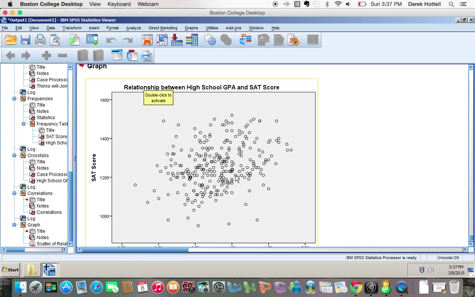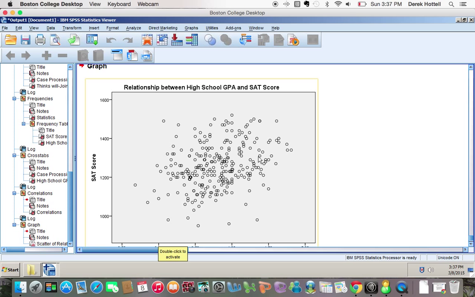The tighter the grouping, the stronger the correlation. And this looks like a relatively strong correlation. The other thing that you're looking for is the slope of that correlation. If it's a really sharp line like that, the stronger the correlation. The flatter it is, the weaker the correlation, to the point that if it's completely flat, there's no correlation.